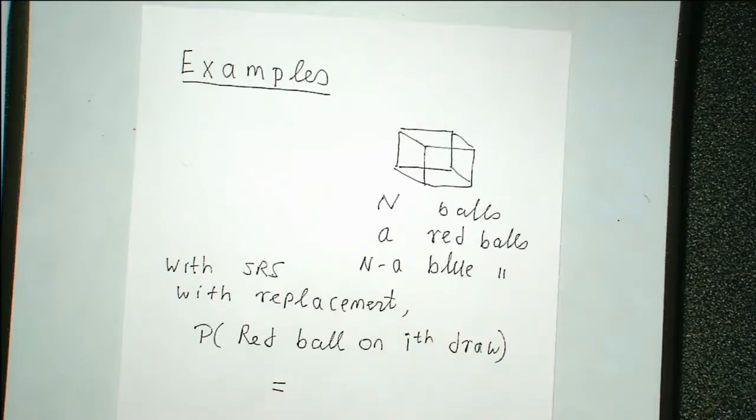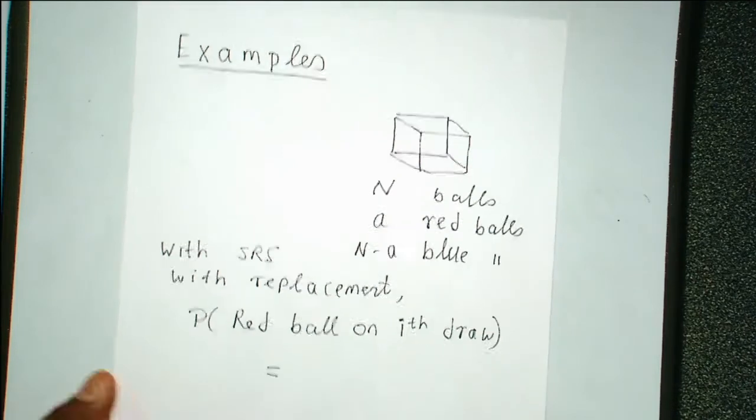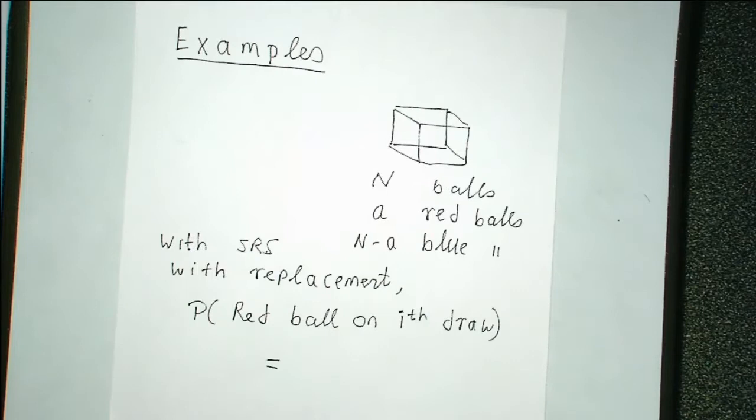I mean, you guys just did probability 1, right? I'm sure all of you know probability better than me. So now if I ask you, you have a box with n balls, A of them are red and the remaining are blue.